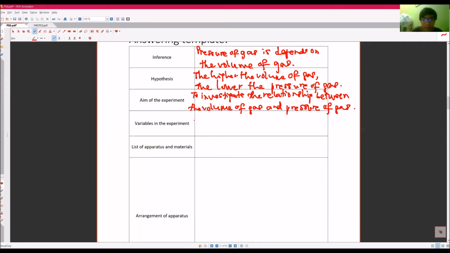For the variables of the experiment, make sure that you write in full. MV is volume of gas. RV is pressure of gas. CV is temperature of gas.